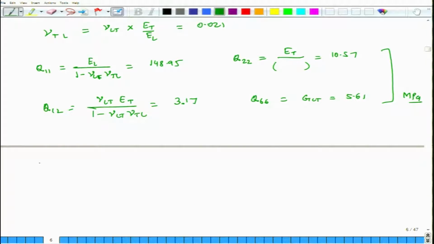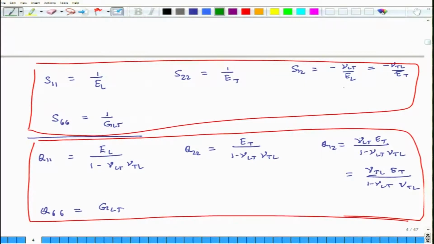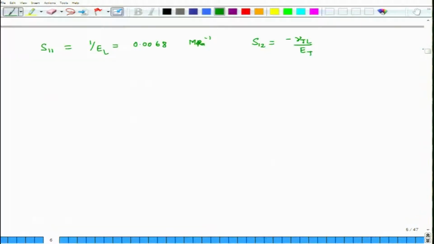Then next we do S. So, S11 is equal to 1 over EL, and that works out to be 0.0068, and this is MPa inverse. S12 is equal to minus nu TL divided by ET. So, remember there is a negative sign here. I do not know if in the last class I had shown that or not. Yes, there is a negative sign I had mentioned here also, so I just wanted to reconfirm.